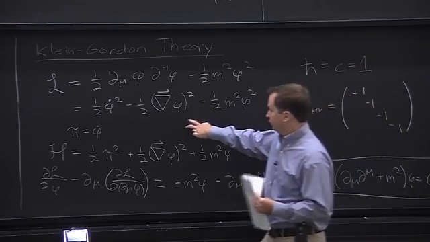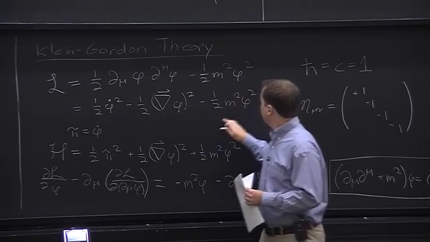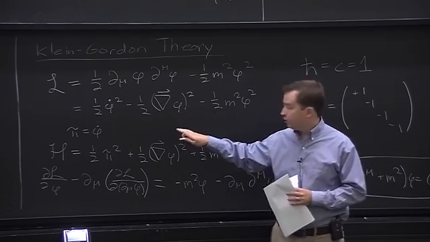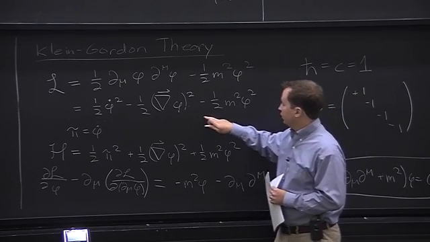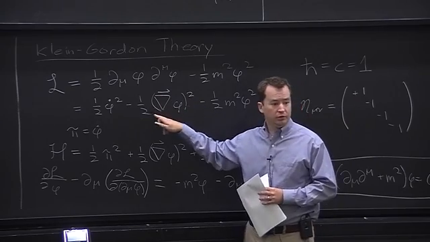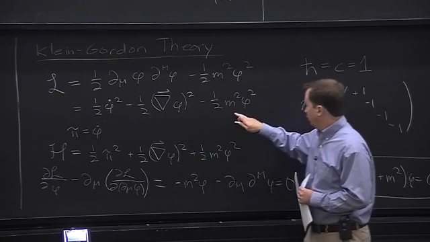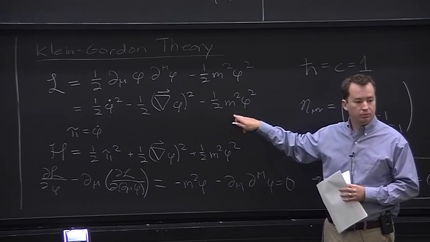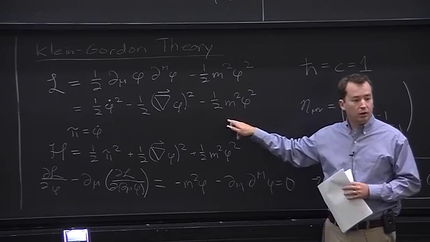And the reason we're interested in it is because we're basically forced to include these gradient terms if we want a Lorentz invariant field theory. But we're interested in this case where we've got a quadratic potential term because this is going to be like a harmonic oscillator.